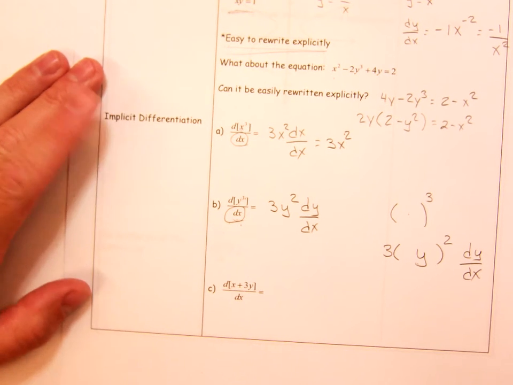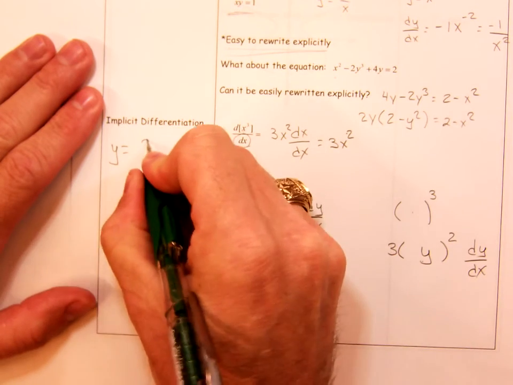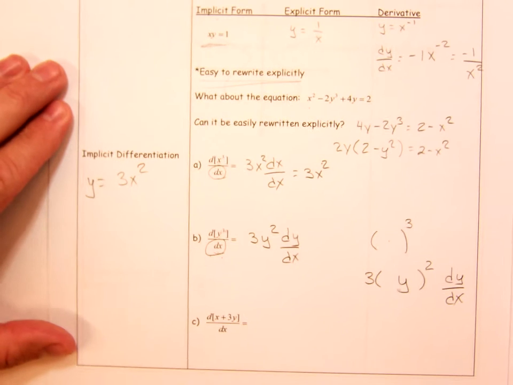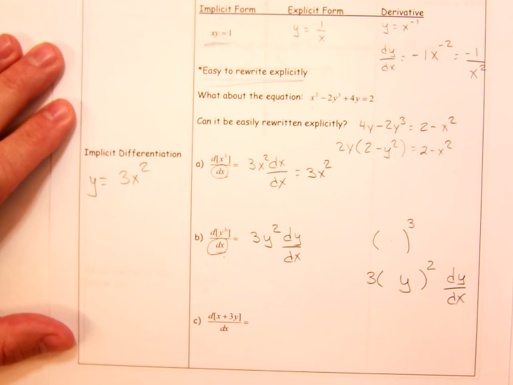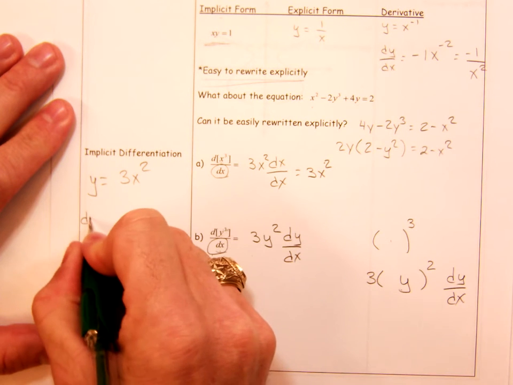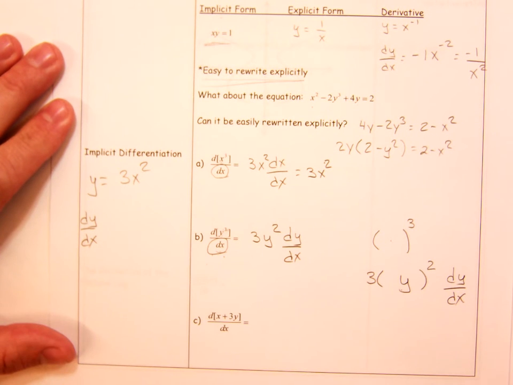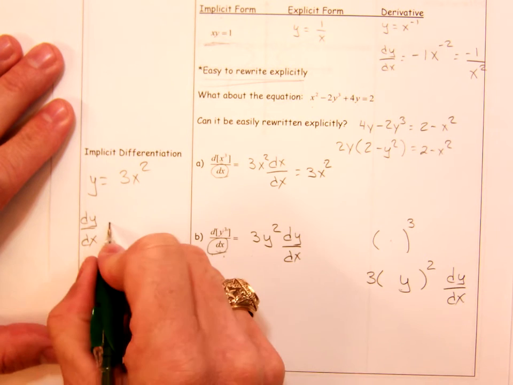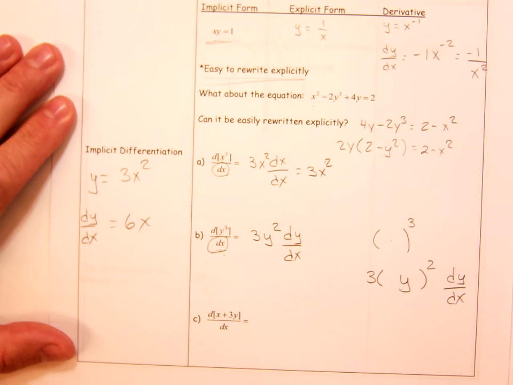What has always been the derivative of y? If I had y equal to 3x squared and I said take the derivative of that, what have I always done to the left side? I make it either y prime or what? dy/dx. Well, that's what I just did. That's the derivative of y with respect to x. And then it's 6x. Okay?